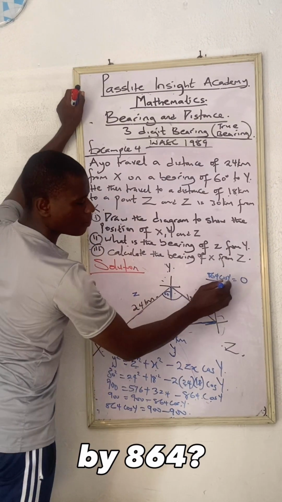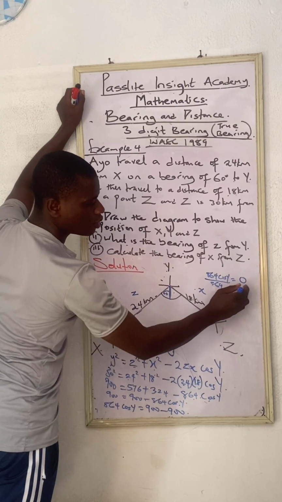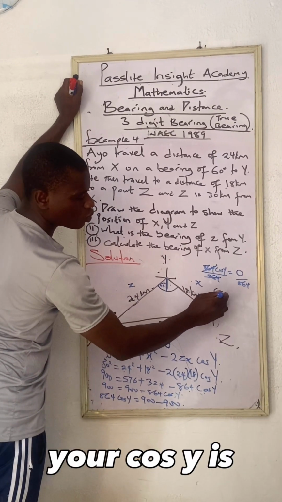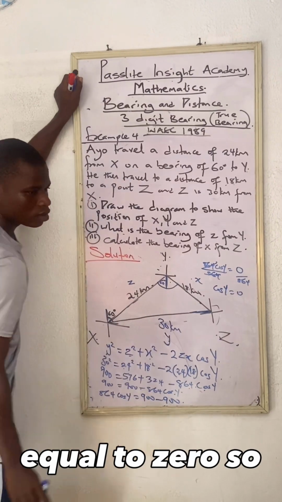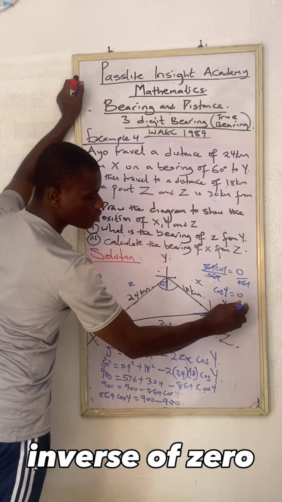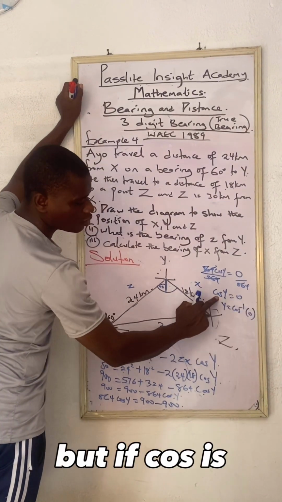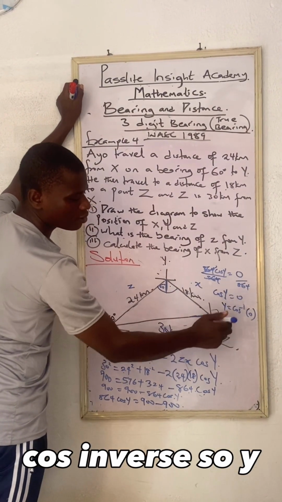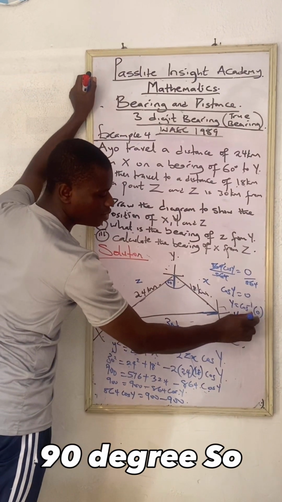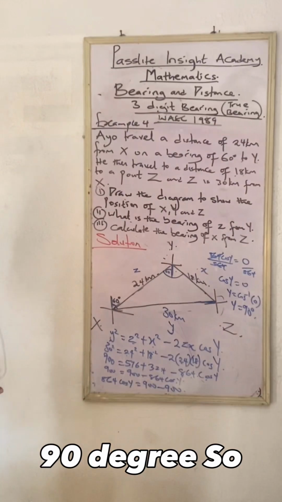So when you divide both sides by 864, this cancels this, your cos Y is equal to 0. So we are looking for the Y. Y is equal to cos inverse of 0. So Y is equal to cos inverse of 0, which is 90 degrees.